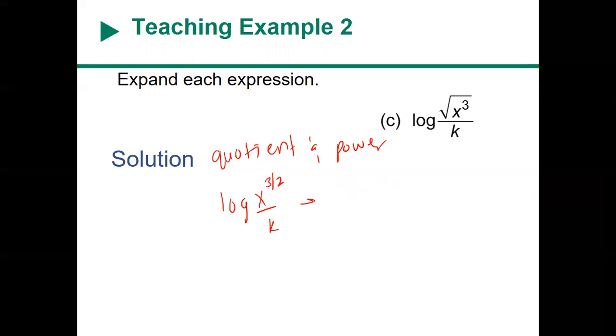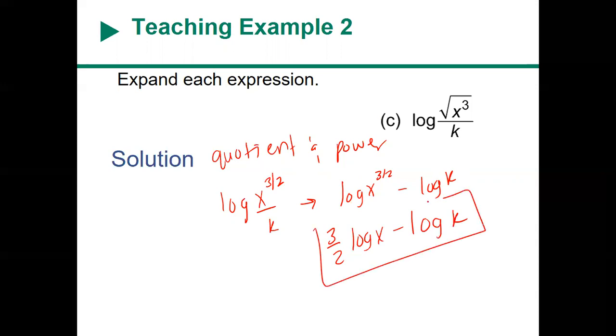When I expand this, I'm going to expand it slowly just so you guys can see it. So the first thing I'm going to do is write them as subtraction. And then I'm also going to apply the power rule. So notice I follow quotient and power. So 3/2 log x minus log k would be the fully expanded.